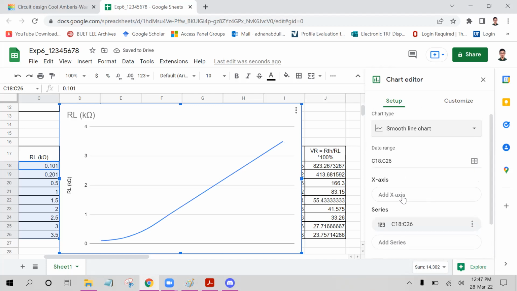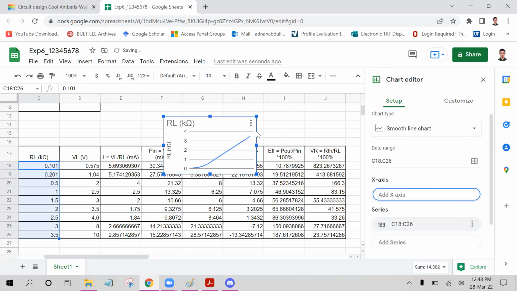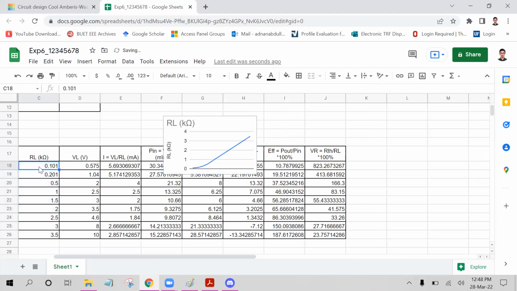Okay, x-axis. So in our x-axis, we want the load resistor values, right? So observe here. Sorry. My load resistor values are from C18 number cell to C26 number cell.